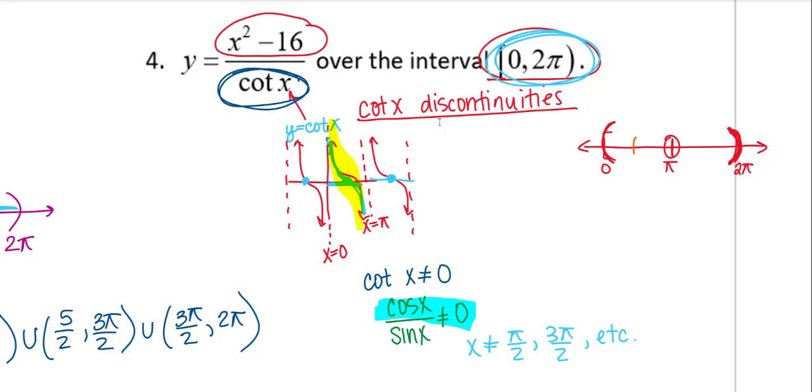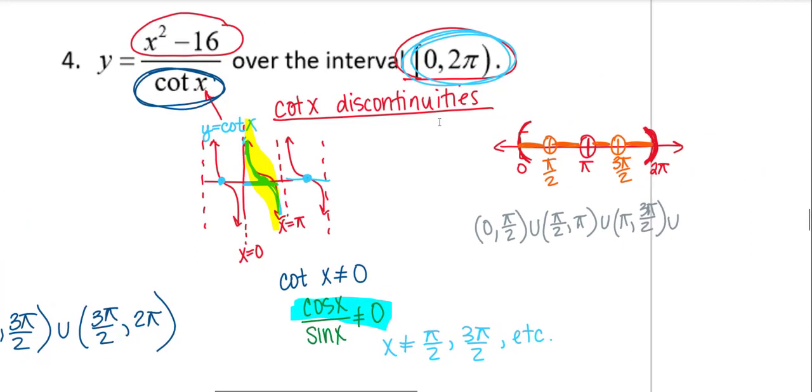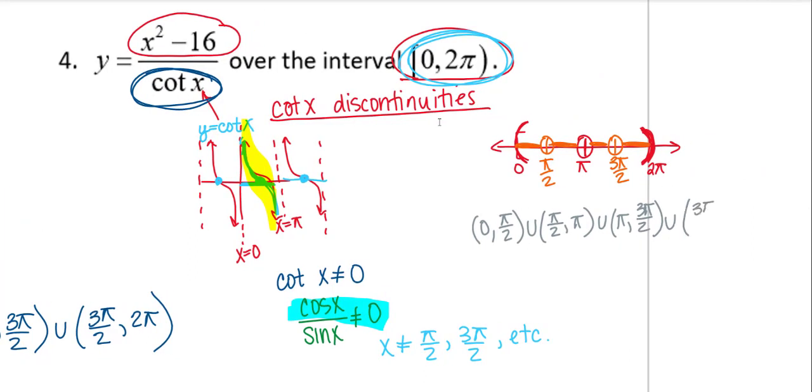All right, so pi over 2 is a restriction, and 3 pi over 2 is a restriction, but x can be anything else. And so I should see that if I graph it. Again, if you're using your graphing calculator, make sure you're in radian mode, and I'll just write out the domain in a positive way, that my function would exist from 0 to pi over 2, union that with pi over 2 to pi, union that with pi to 3 pi over 2, and union that from 3 pi over 2 to 2 pi. And there's my finished domain.